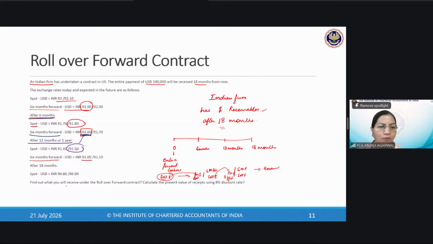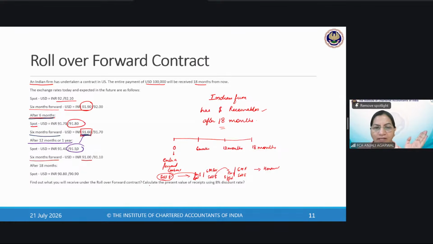So find out what you will receive under the rollover forward contract. So the answer is, under the rollover forward contract, we're going to receive 10,000 after 6 months, 10,000 after 12 months, and 91 lakh after 1.5 years, the period 18 months from now when you actually received your dollars.